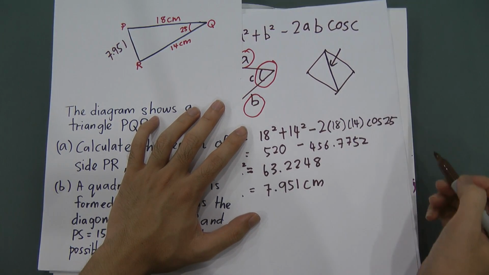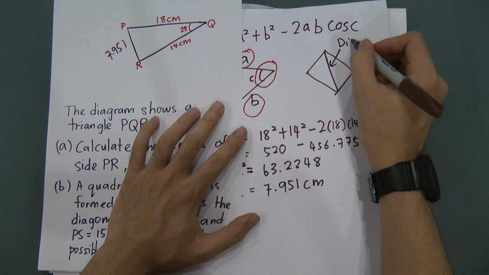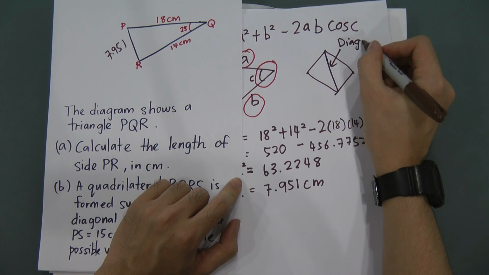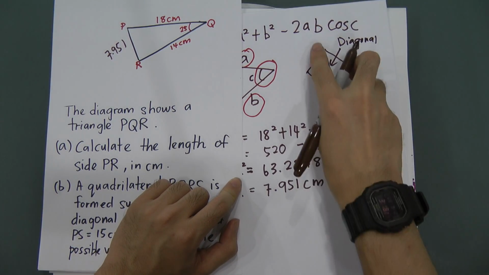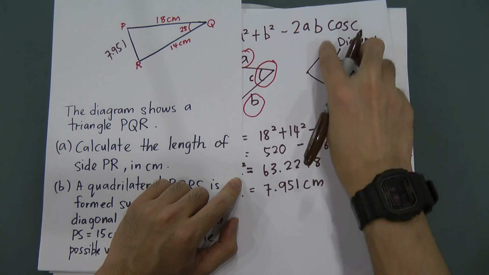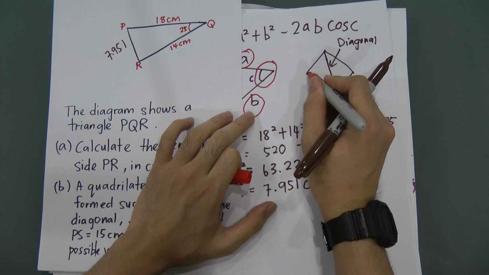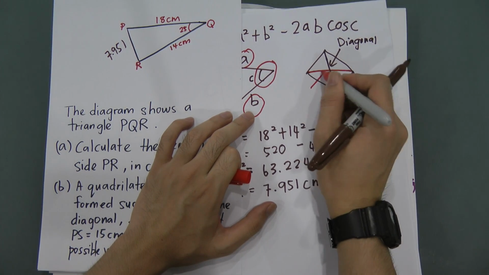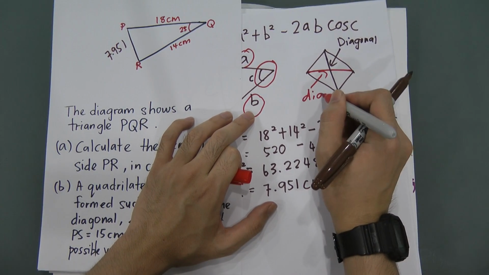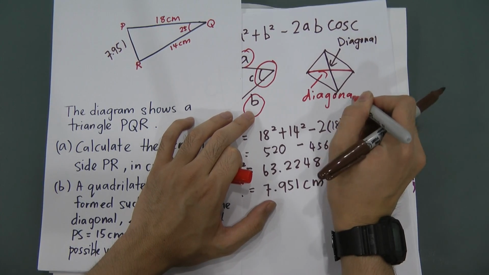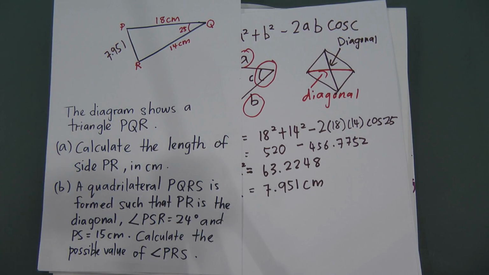This one we call diagonal. So let's say I connect this point to this point, this is also a diagonal. Diagonal is going to cut the quadrilateral into half.